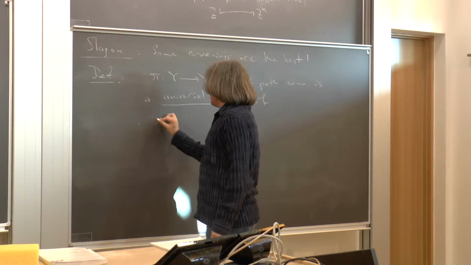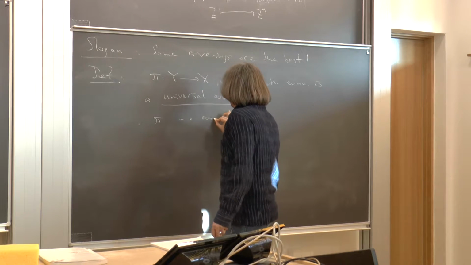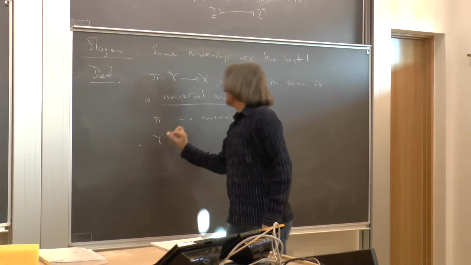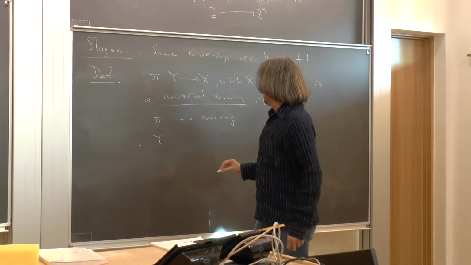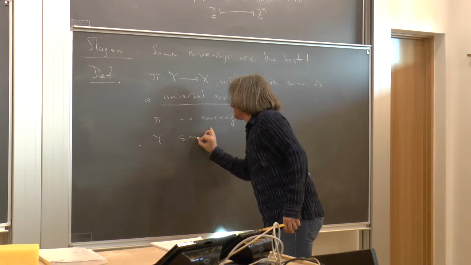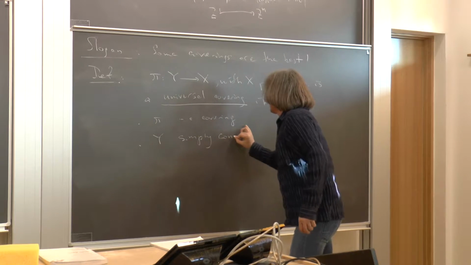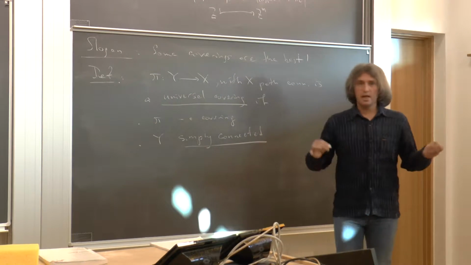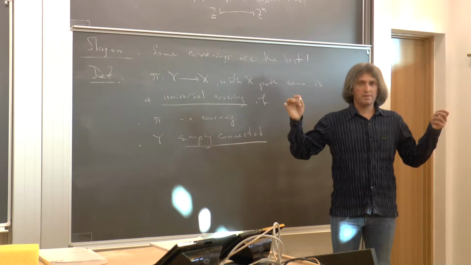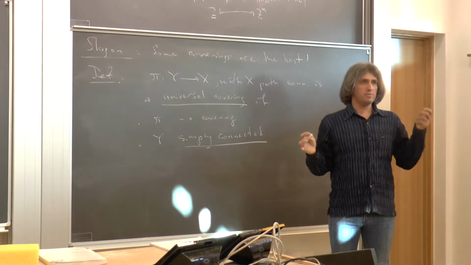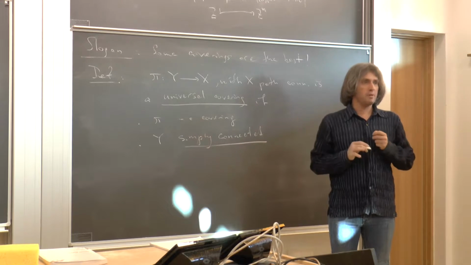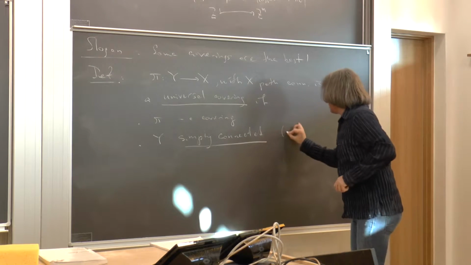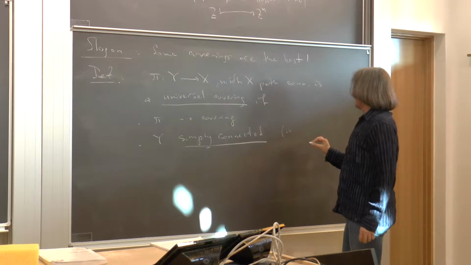So first of all, it's a covering. Second, y is simply connected. So if you remember, this means that any two paths are path homotopic. So if you have 2 points, then any two paths are path homotopic. So in particular, it's path connected.